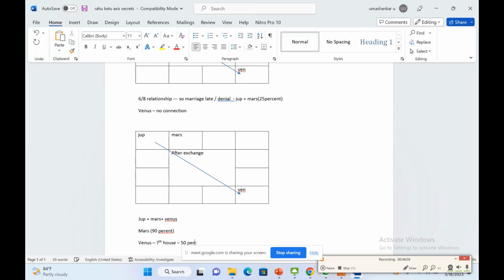Very good strength, right? So always try to read the horoscope like this. Before exchange, after exchange, you connect all the planets, you will get a totally different view. Any doubt? Fine.